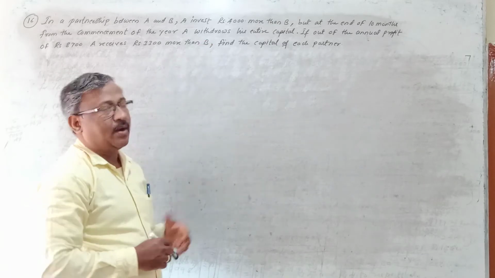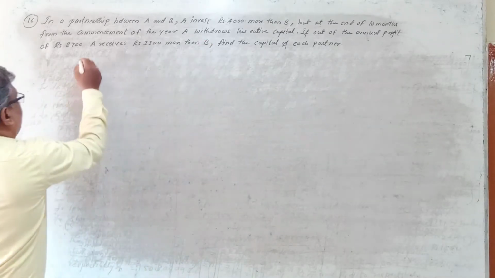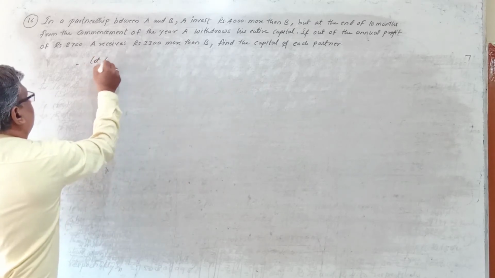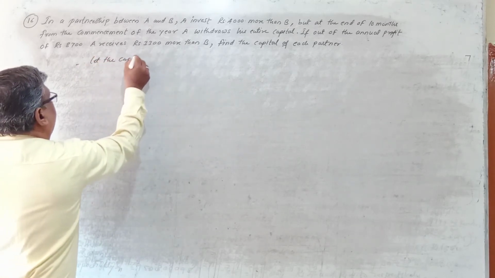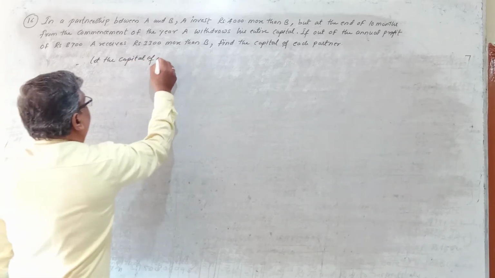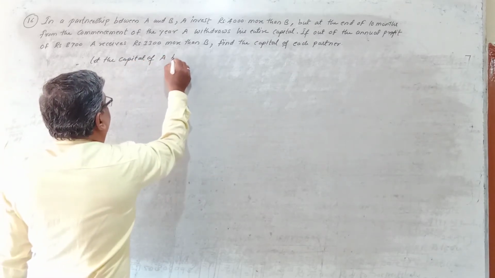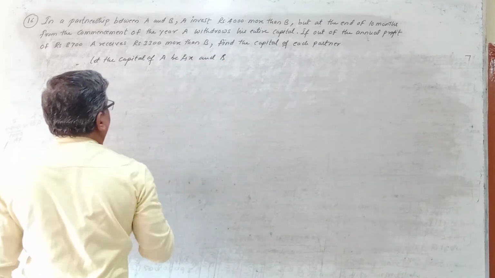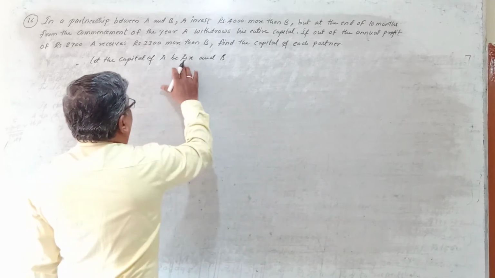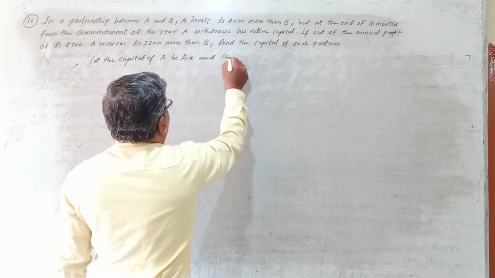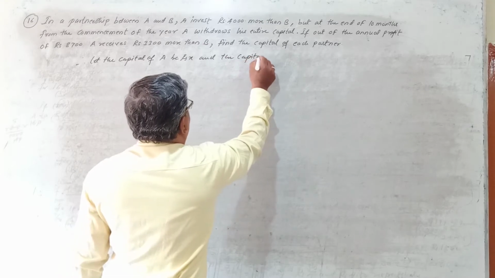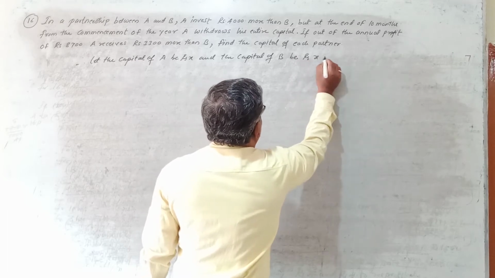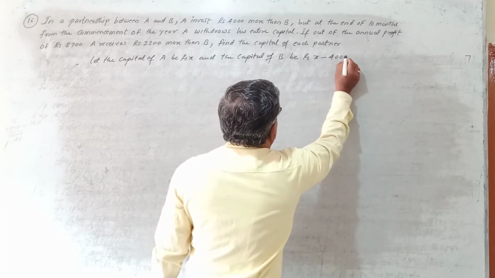So again I will assume the capital of A and B, just like in the previous sum. Let the capital of A be rupees X and the capital of B be rupees X minus 4,000.